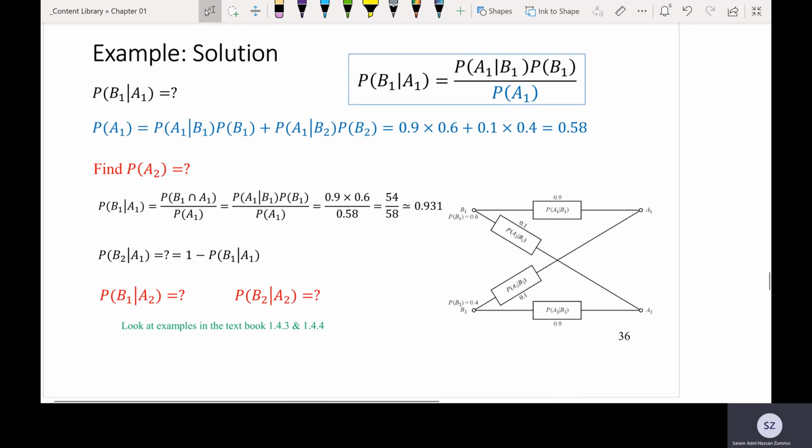So the solution is based on what we call Bayes rule. Remember this Bayes rule. This is the a priori probability. And this is the transition probability of the curve or crossover. And this is given.